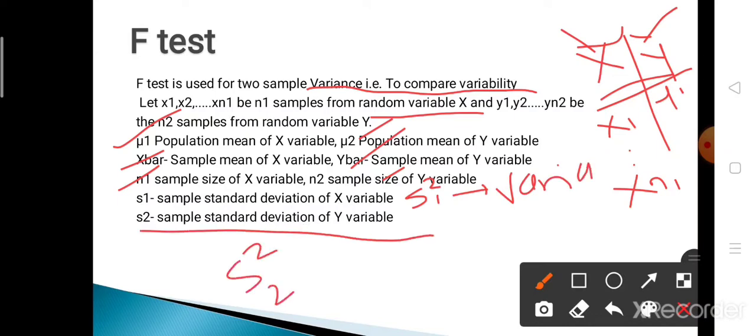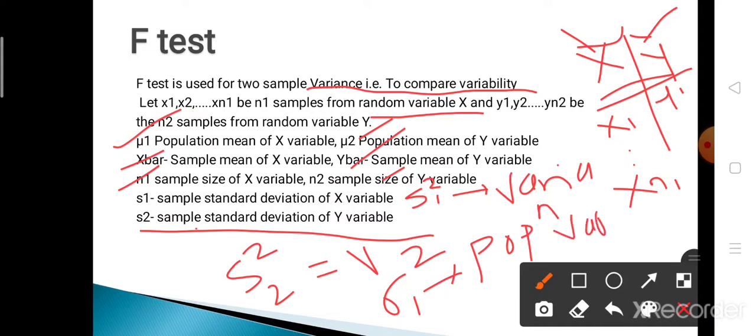And what is S2 square? S2 square is the sample variance of y variable. And what is sigma 1 square and sigma 2 square? Sigma 1 square is the population variance of x variable and sigma 2 square is the population variance of y variable.